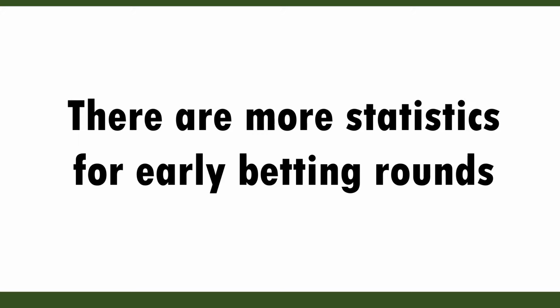On the turn and river, you should be able to make your decisions from information that you've gained pre-flop and on the flop. It's usually more accurate to use interpretation on the turn and river rather than turn and river HUD statistics. So let's talk about what kind of statistics that you might want to put on your HUD.